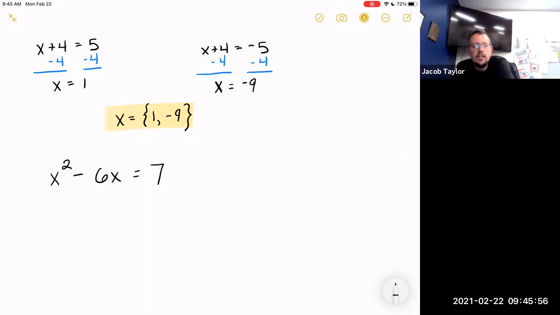The constant is isolated. Perfect. Step number two is to make it a perfect square trinomial, keeping the equation balanced.